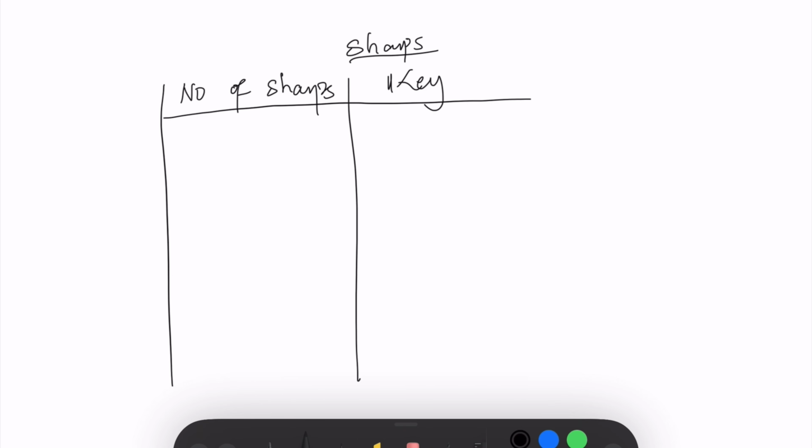The number of sharps and the key. One sharp is G major. Remember, we're talking about the major scales and major keys. One sharp is G. I'll tell you why one sharp is G much later, but let's preview this table and then we'll be able to explain it.